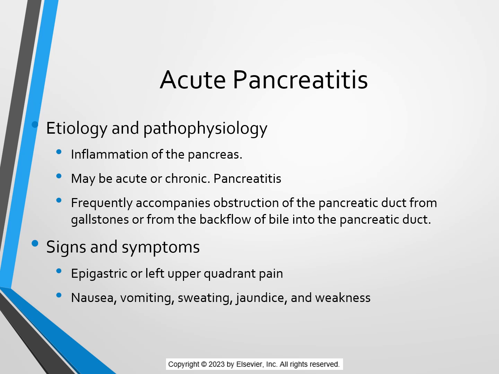An abdominal ultrasound, CT scan, and serum and urine amylase studies are usually ordered. Diagnosis is made when a patient presents with 2 of the following: an acute onset of severe epigastric pain, lipase or amylase that is elevated 3 times the normal level, and a CT, MRI, or ultrasound finding consistent with pancreatitis.